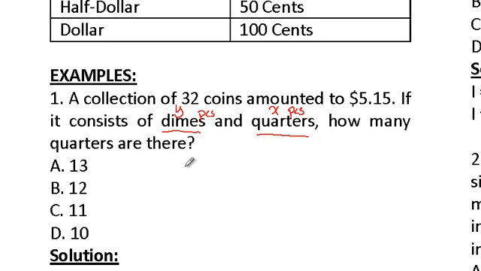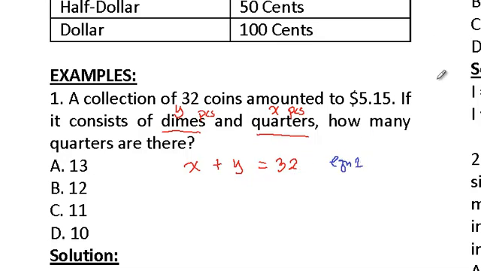We can have x plus y equals 32. Or we can have 32 minus the quarters is the dimes, but we can use this one equivalent equation, x plus y equal to 32. So we already have one equation. Let's call this equation 1.